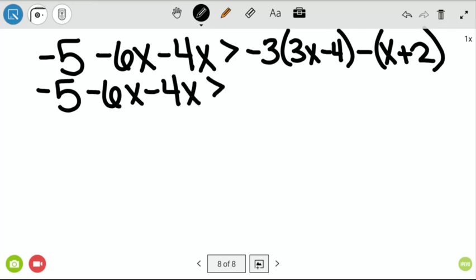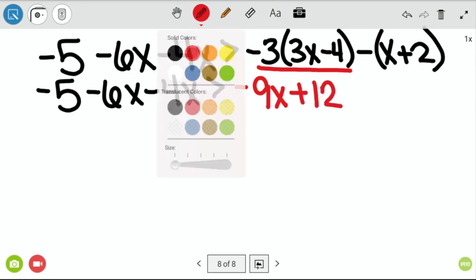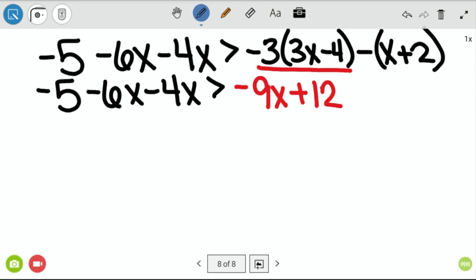Bring down my inequality symbol of greater than. Now, I do have to distribute here, so negative 3 times 3x becomes negative 9x. A negative 3 times a negative 4 is a positive 12. Now, on this second part, I have to distribute a negative, which is like a negative 1. So negative 1 times x is negative 1x. Negative 1 times 2 is a negative 2.